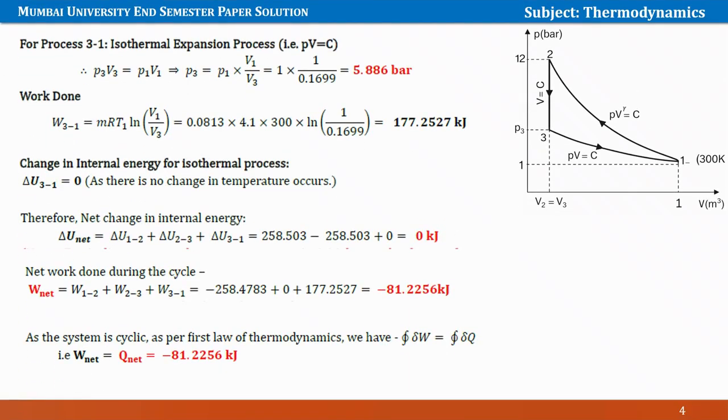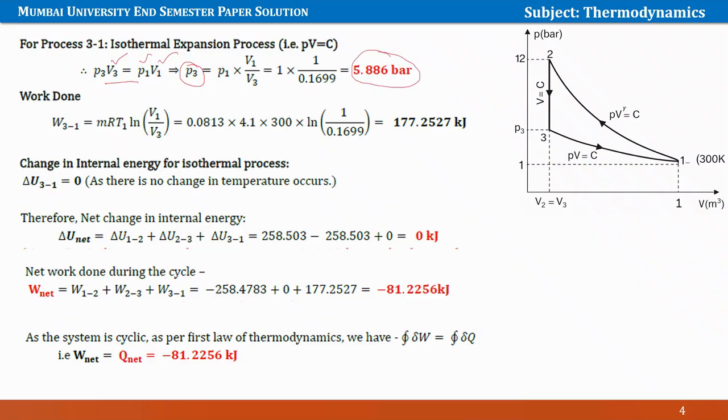Okay. Next, process 3 to 1. What is it? Isothermal process. PV equal to constant. The temperature is constant, right? So use that relation and find out the P3 value. In this relation P3 V3 equals P1 V1, we know V3, we know P1 and V1. We can put the values and we will get the pressure at point number 3.